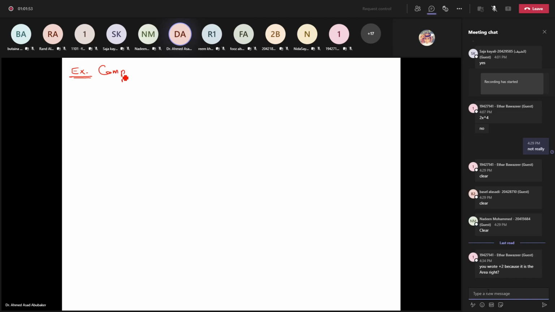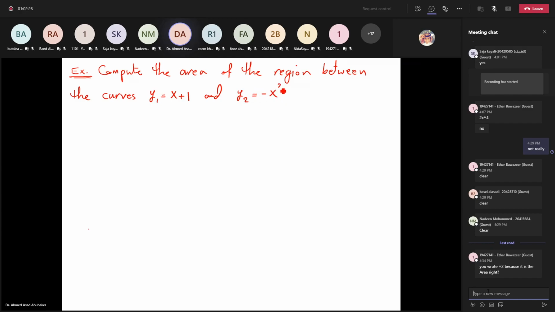Compute the area of the region between the curves y1 equals x plus 1 and y2 equals negative x squared plus 7, from x equals 0 to x equals 1.